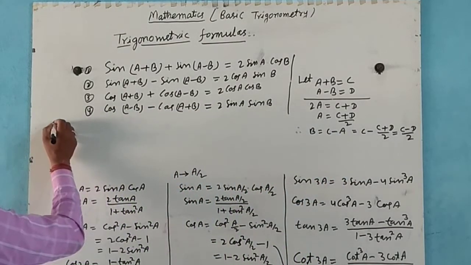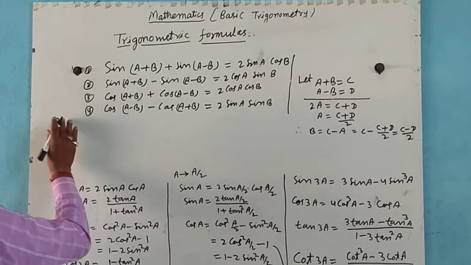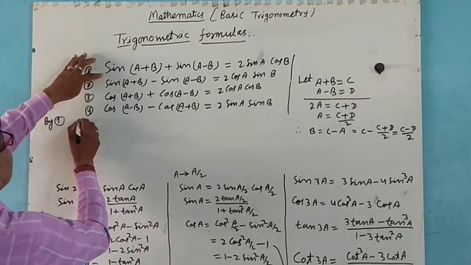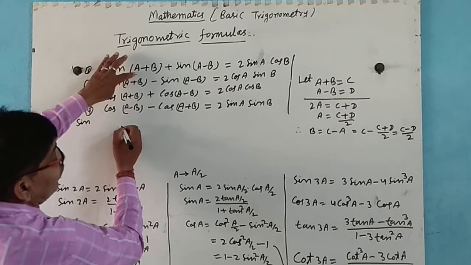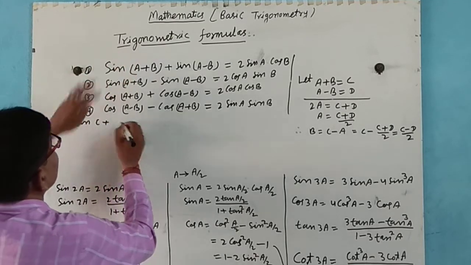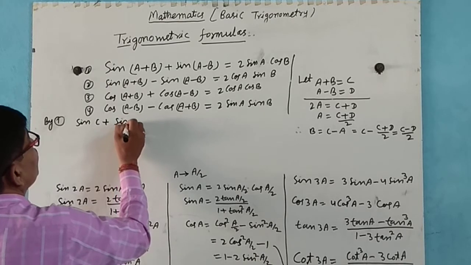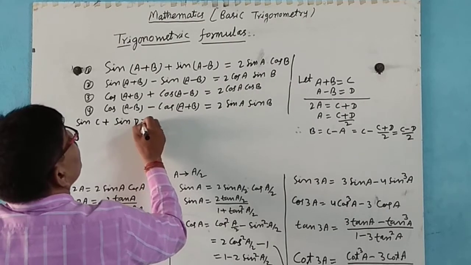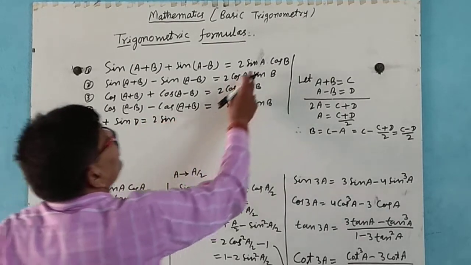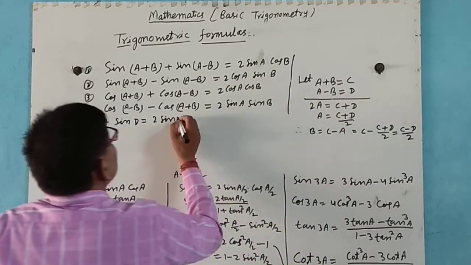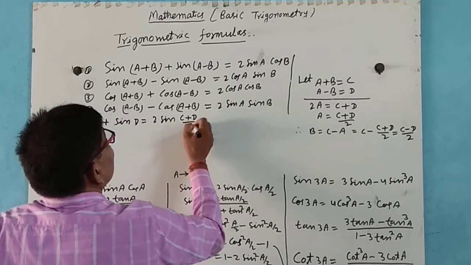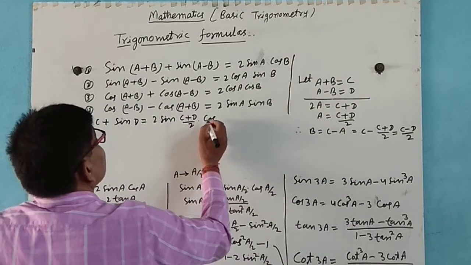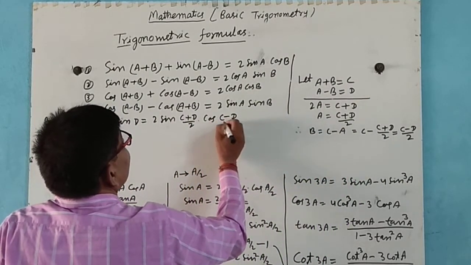Now 1 becomes sin(A+B) equal to C, sin C plus sin D equal to 2 sin A, means (C plus D) by 2, into cos B, means (C minus D) by 2, cos (C minus D) by 2.